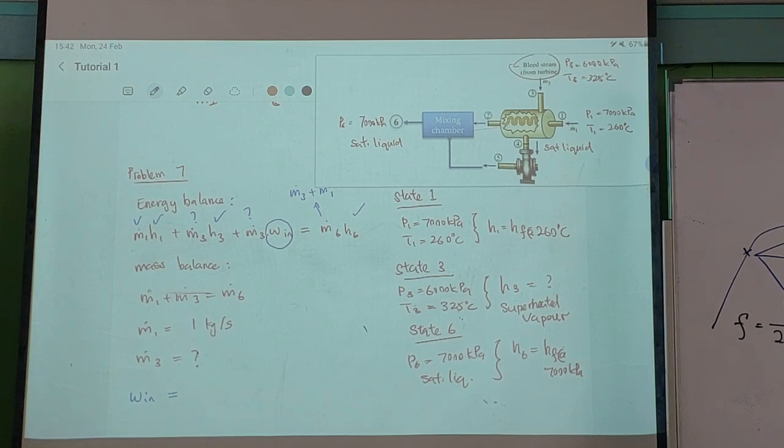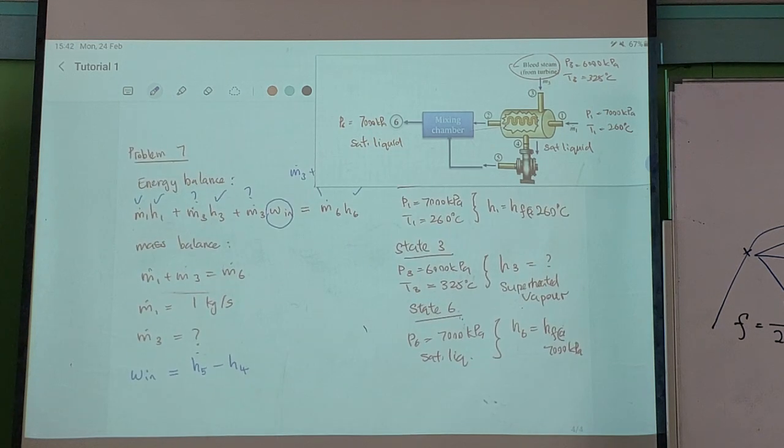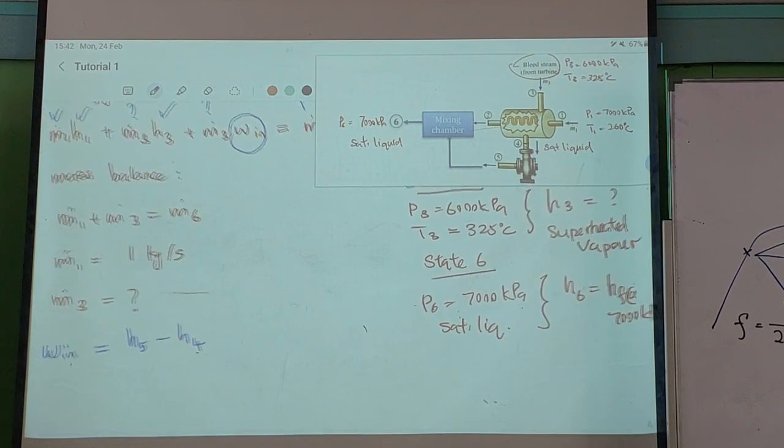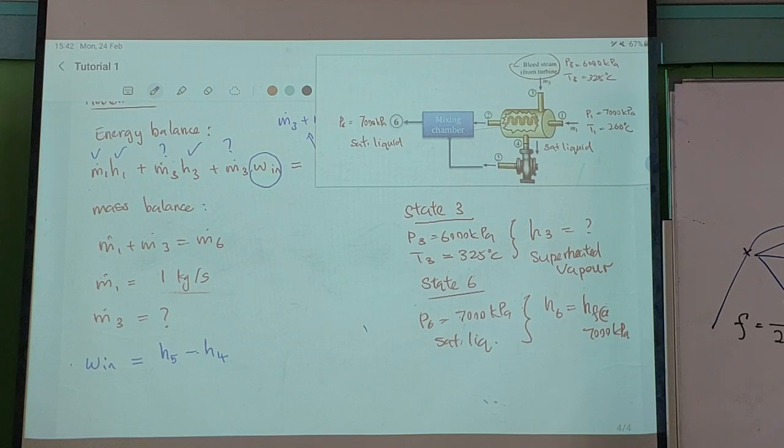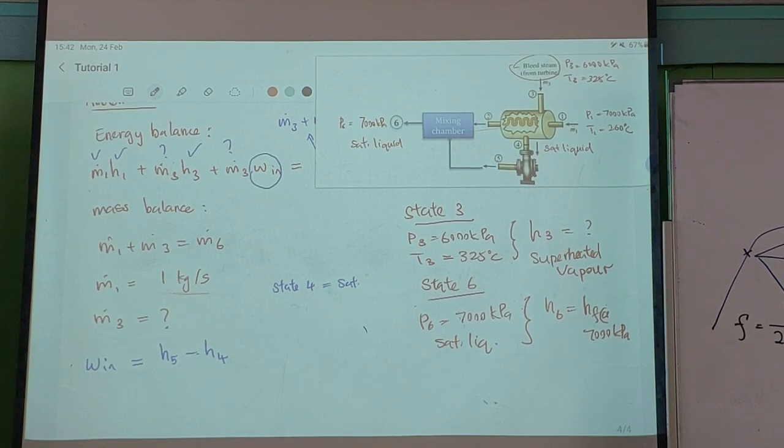So generally, this is what we write, right? But you are given one keyword by the question, which is state 4 is actually a saturated liquid.